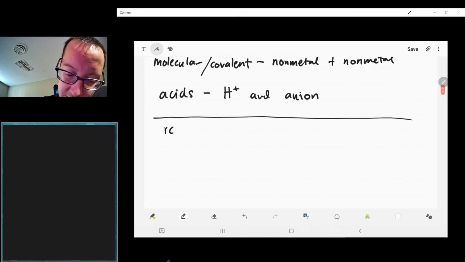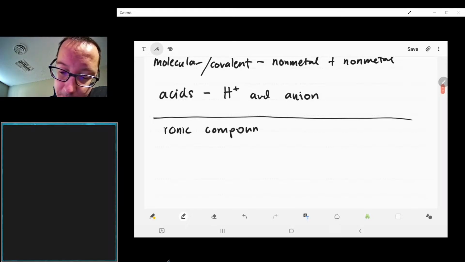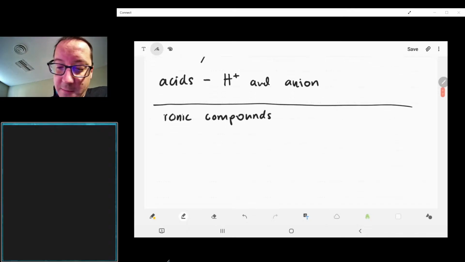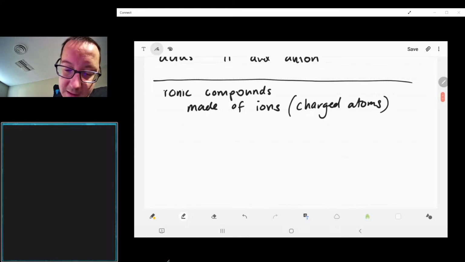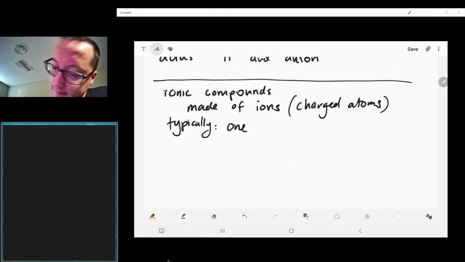So ionic compounds, these ones are made of ions, of course. Remember that ions mean they are charged. So we're going to have positive ones and negative ones. Typically, especially in this class, we just have one cation and one anion.